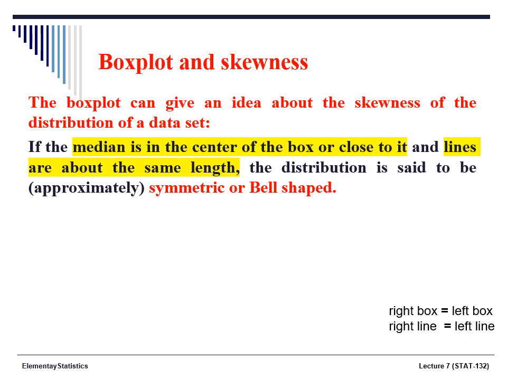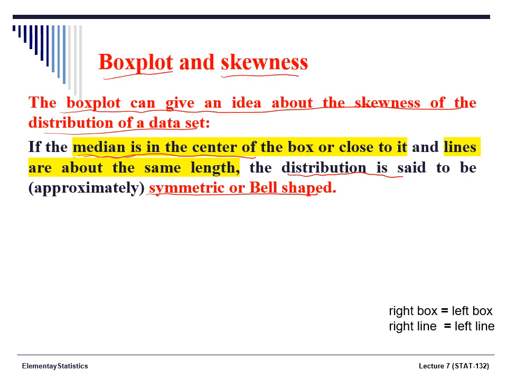Now we will look at the relation between the box plot and the skewness of the data. The box plot can give an idea about the skewness of the distribution of a data set. Let's start with symmetric and bell-shaped distributions. The question is what kind of box plot gives a symmetric or bell-shaped distribution?